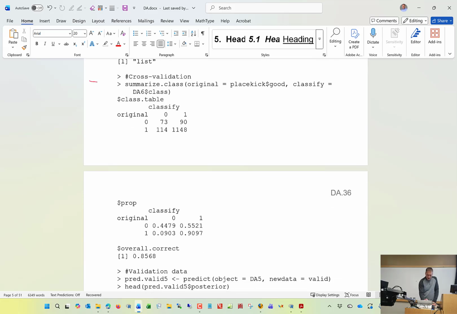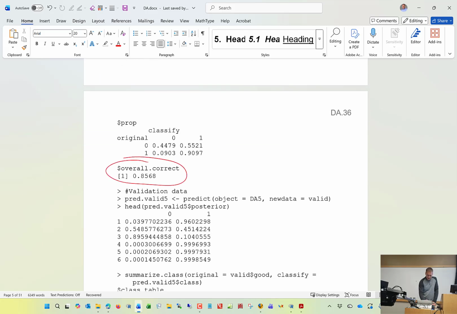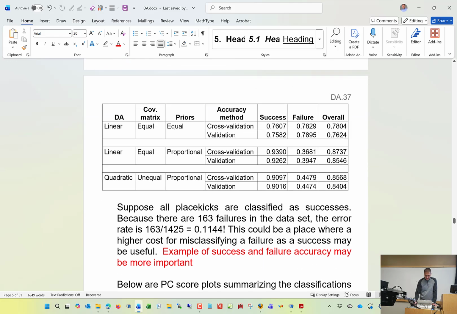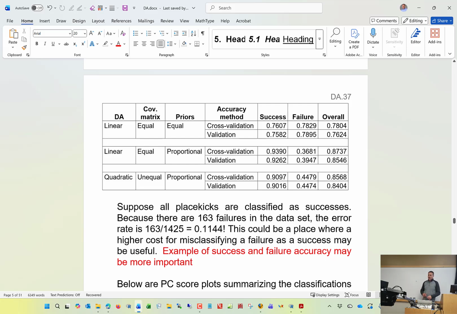Let's look at the results from cross-validation using summarize.class. Overall percentage, 86%. The correct percentage for the successes is 91%. For the failures, 45%. With the validation data set, overall correct, 84%. We have similar results for the good equal ones and good equal zeros. And then we get to a table that looks like this.